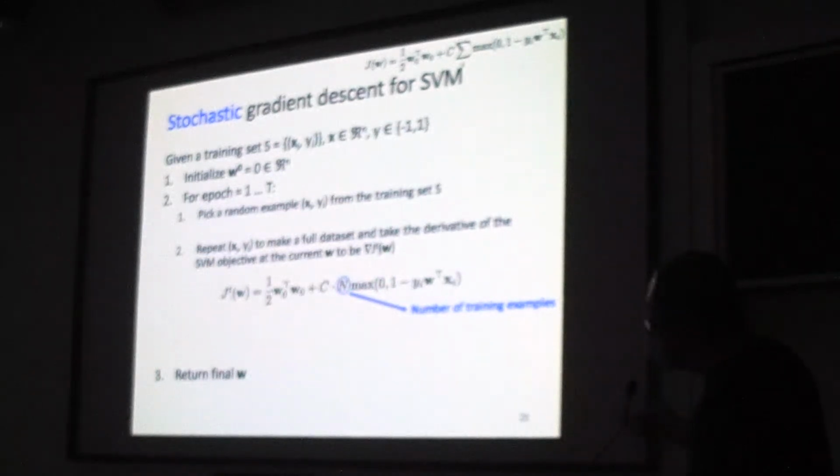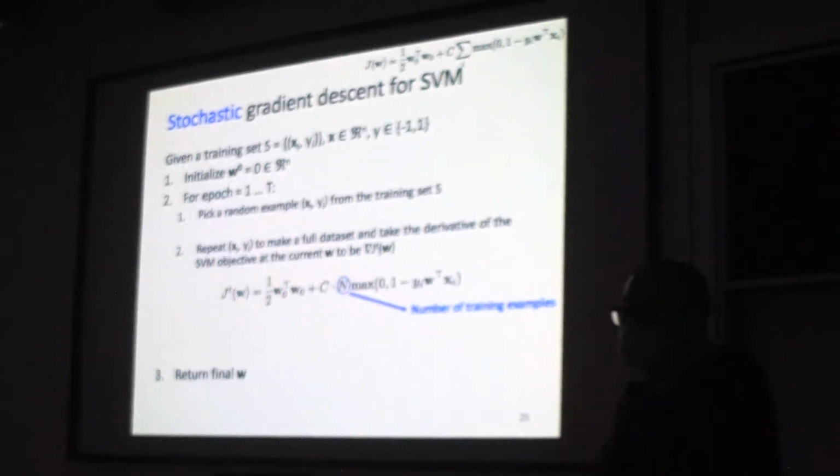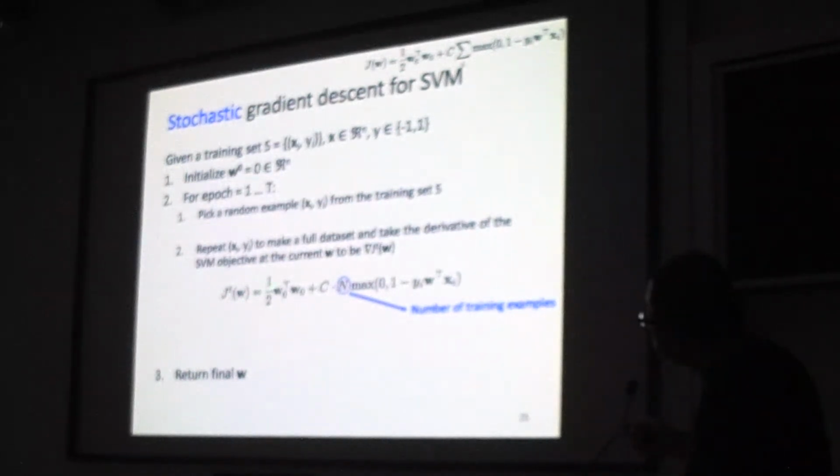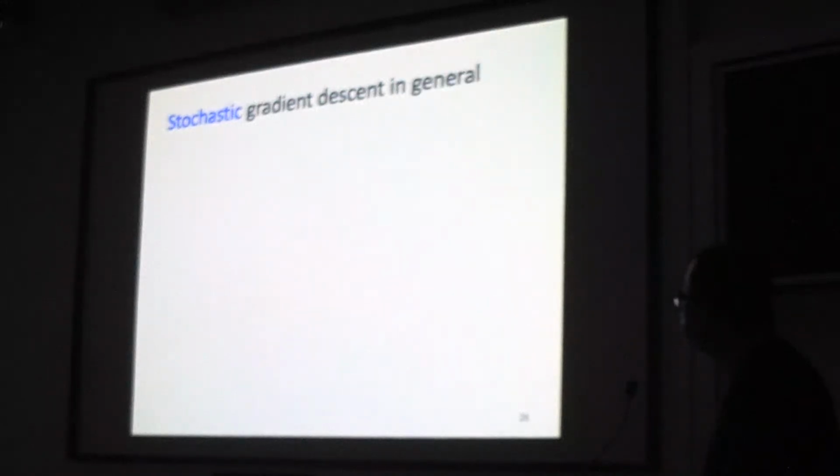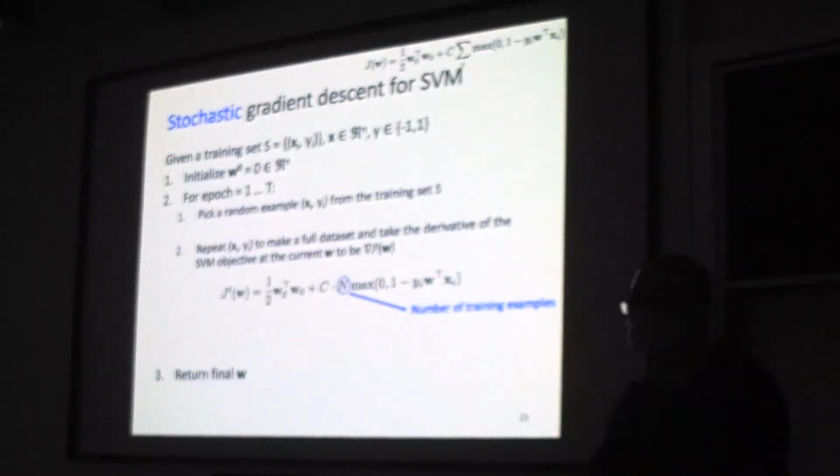We just calculate it once and multiply it by N. Then I calculate the gradient of the SVM objective on this fixed data set, use that gradient as my stochastic gradient to update the model parameters. That's the idea.